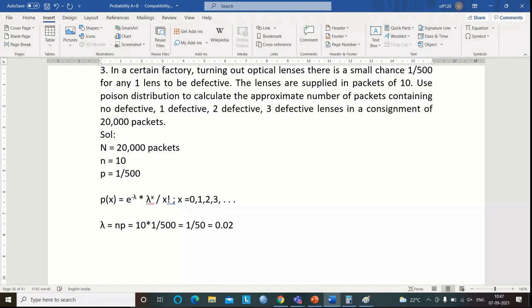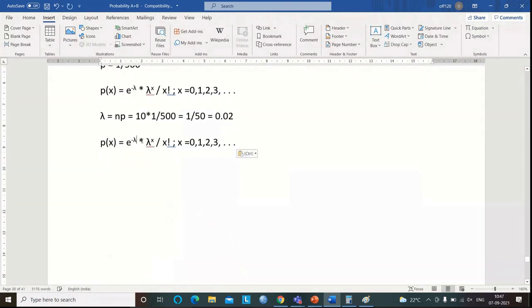Let us substitute in the given expression as of now. So then this P of x will become e power minus 0.02 into 0.02 to the power of x by x factorial.